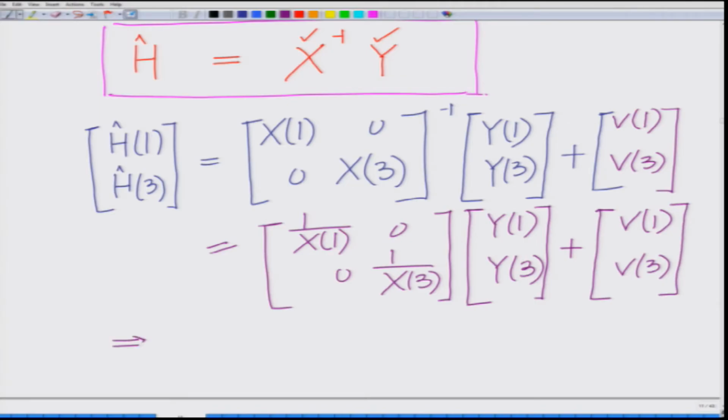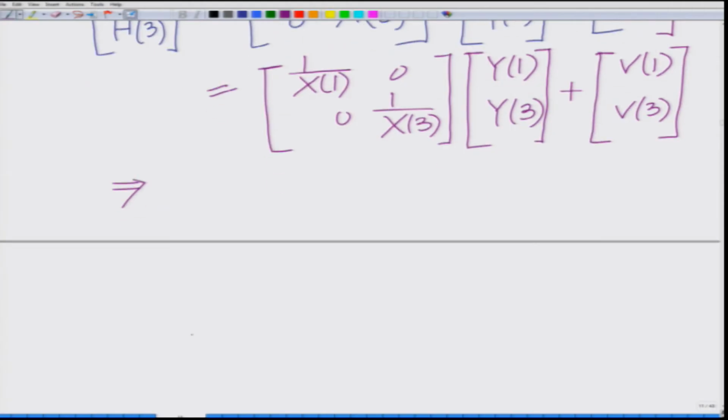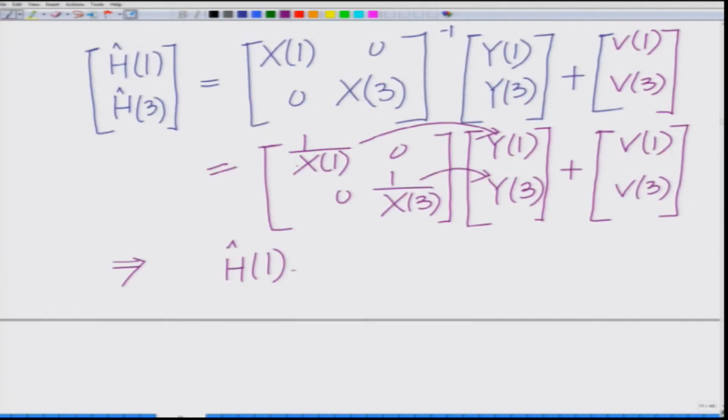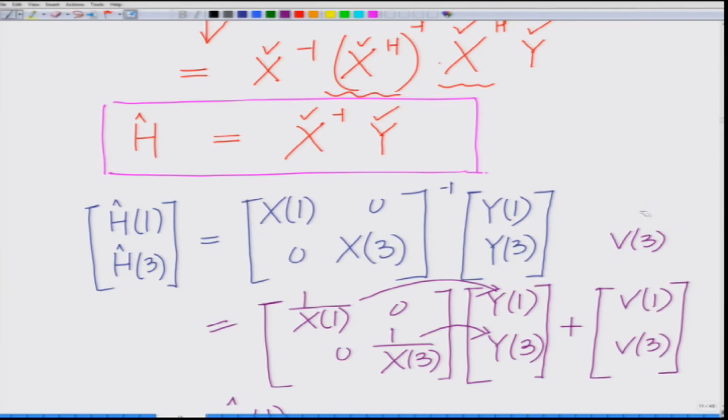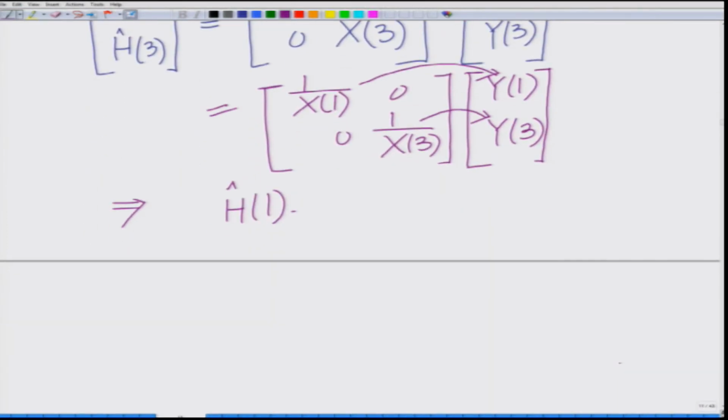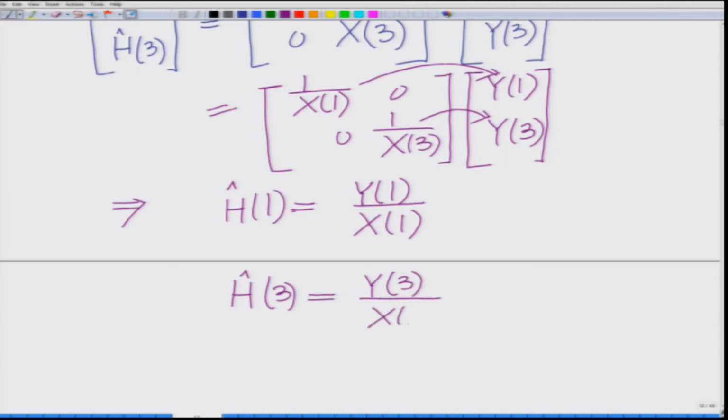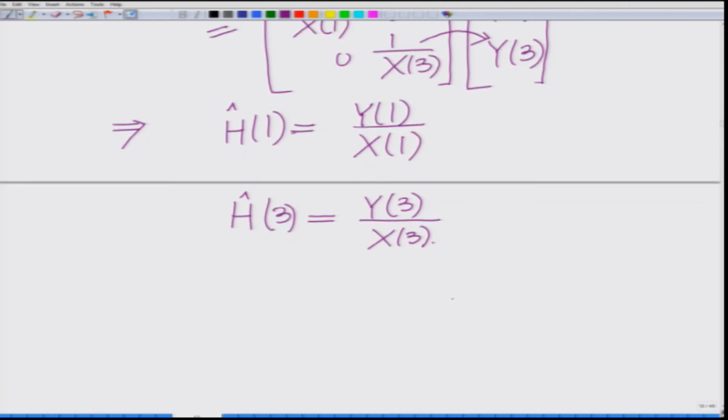Finally, if you look at this element by element, the estimates are H hat 1 is 1 over x 1 times y 1, and H hat 3 is 1 over x 3 times y 3. I am sorry, there is no noise in the estimate. So, H hat 1 equals y 1 divided by x 1, and H hat 3 equals y 3 divided by x 3.